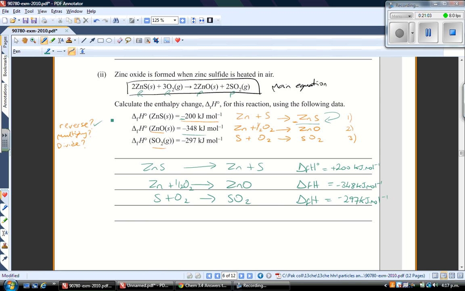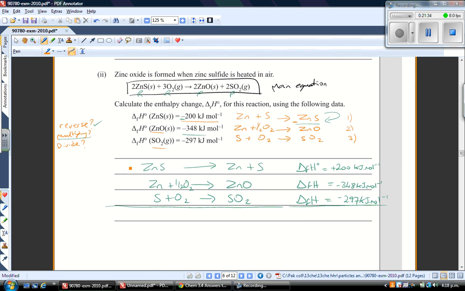Now let's take a look at the situation and see, do we have to multiply anything to make sure we get the final equation? So let's just put our line here. We're trying to sum these three individual equations to see if we can get the main equation. So let's use another color now. So if you look at the zinc sulfide, we need 2 zinc sulfides in the reactants from the main equation, and the only way to get that is to multiply this entire equation by 2.